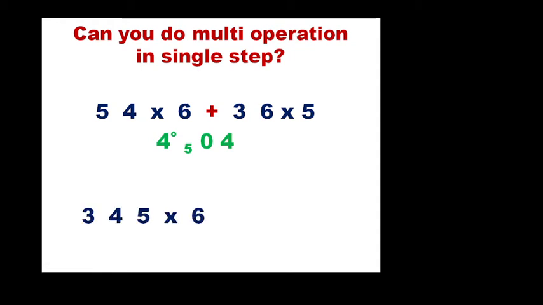Will you please try this number? 345 into 6 plus 46 into 5. You should be careful. Here we have hundreds. In the second product there is no 100. There is no 100 in the second part. So now 3 into 6, 300 into 6, 1800.